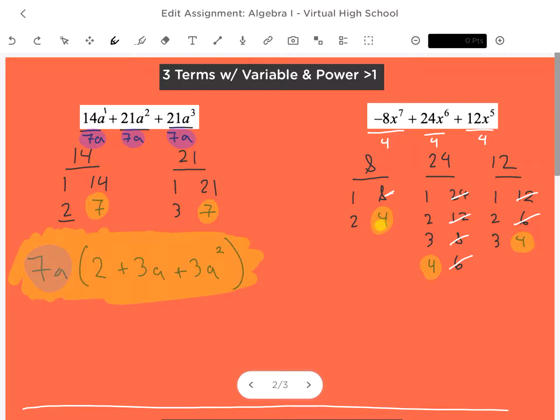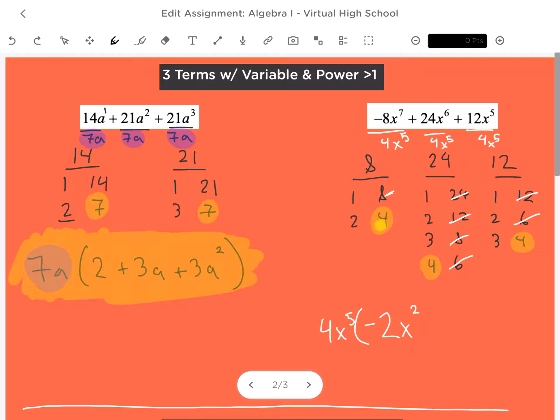And then I'm also going to divide by the term with the lowest exponent, so that's x to the 5th. Okay, so 4x to the 5th is in front of the parentheses. Negative 8 divided by 4 is negative 2. 24 divided by 4 is, oh, actually, whoop, hold on, what did we forget? I forgot x to the 7th divided by x to the 5th is x squared.